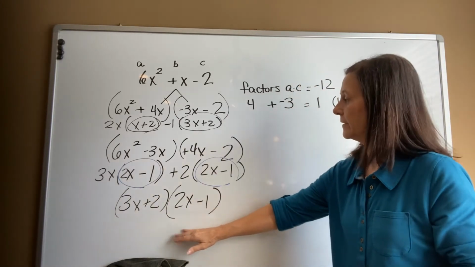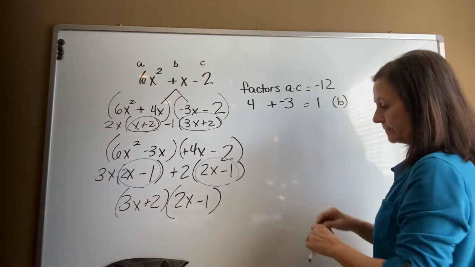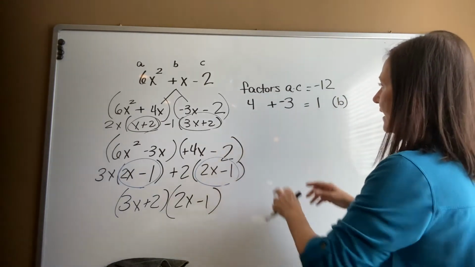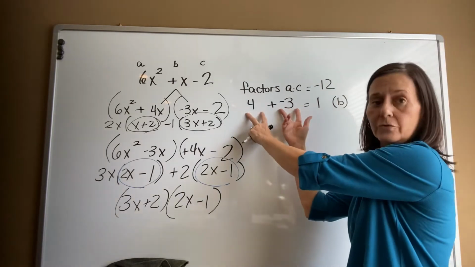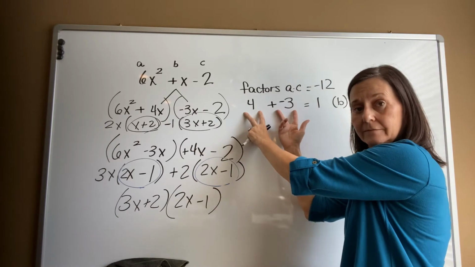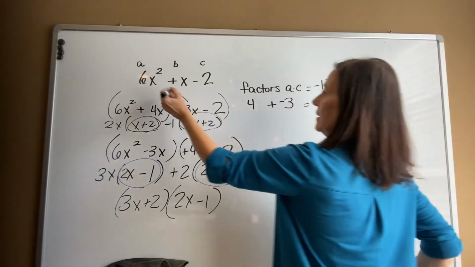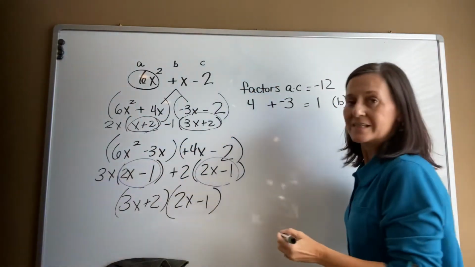Okay? Now the other method, going back here. If I look at the two values that I need to add to get to the B value, notice this first coefficient is a 6.